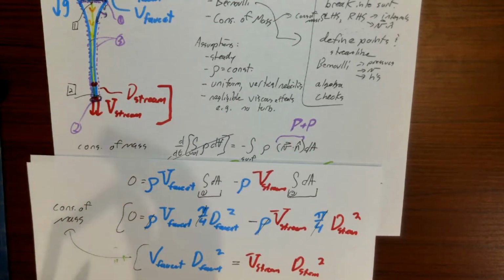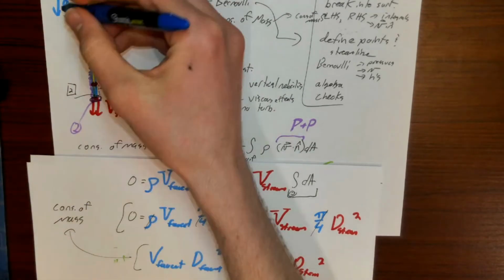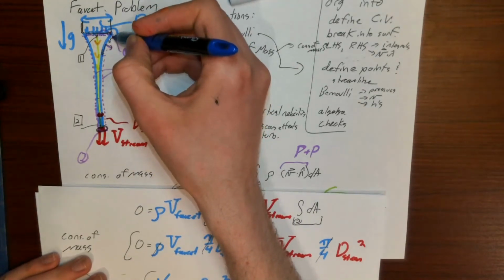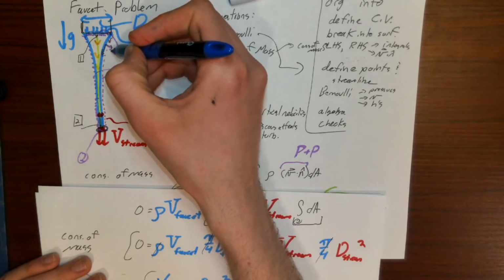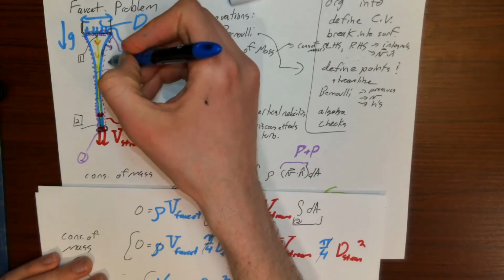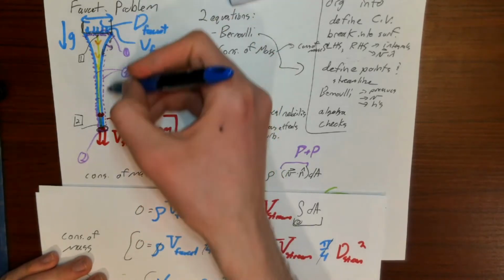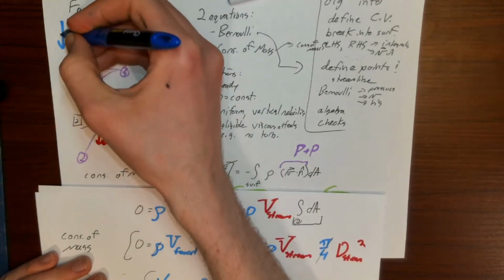One other piece of information that we take, we're essentially looking for a function of the distance from the faucet. We were looking for what these are from a known given distance from the faucet.